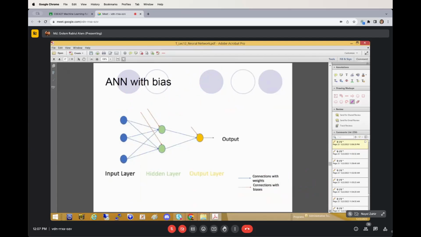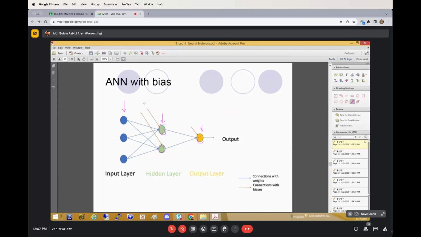So now the concept of the neural network will be a little bit upgraded. These are the input layers, and in the hidden and output layers we have to consider the bias. Here is the bias for each and every unit: one bias here, one here, and one here.